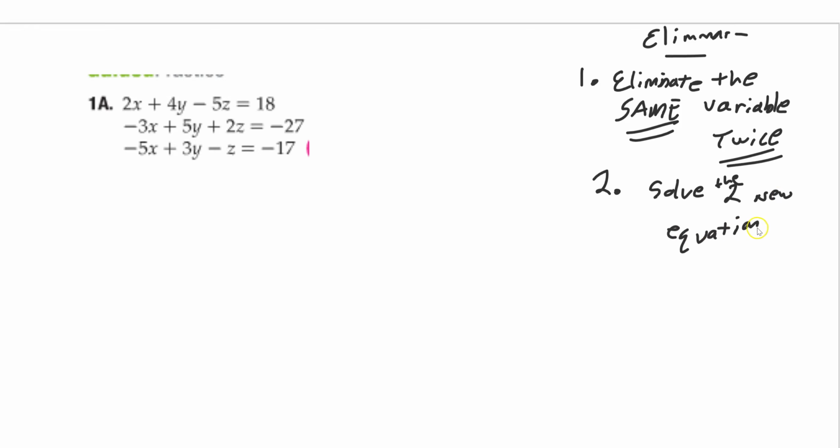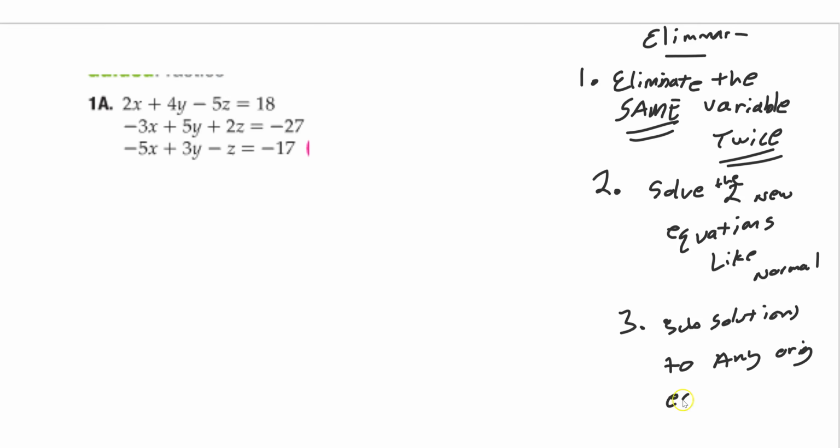Once you solve those, you go back and substitute the solutions into any original equation to find the last variable. Hopefully this makes a little more sense once you're doing it. But the general idea is eliminate the same variable twice. If you do that, you can be fine.